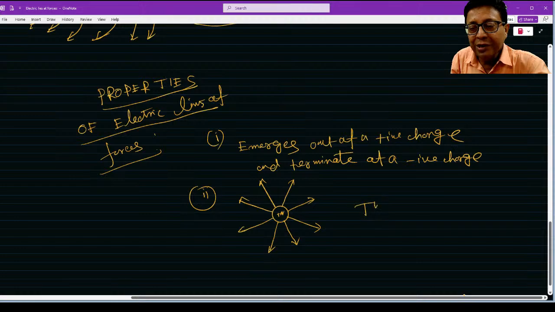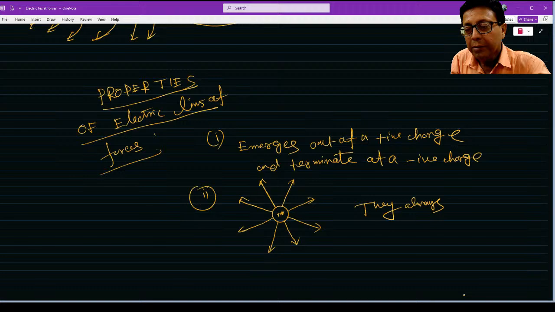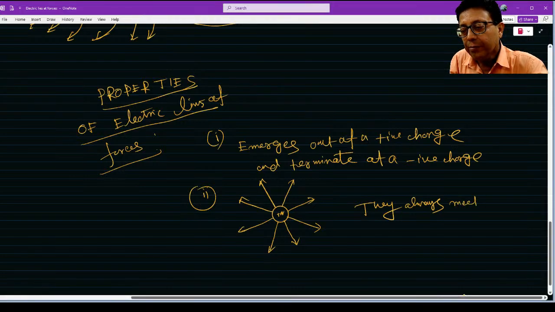So they always meet a surface perpendicular to it.